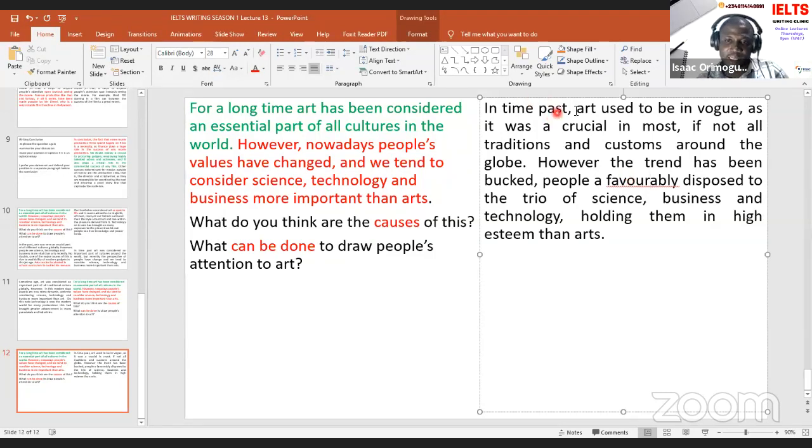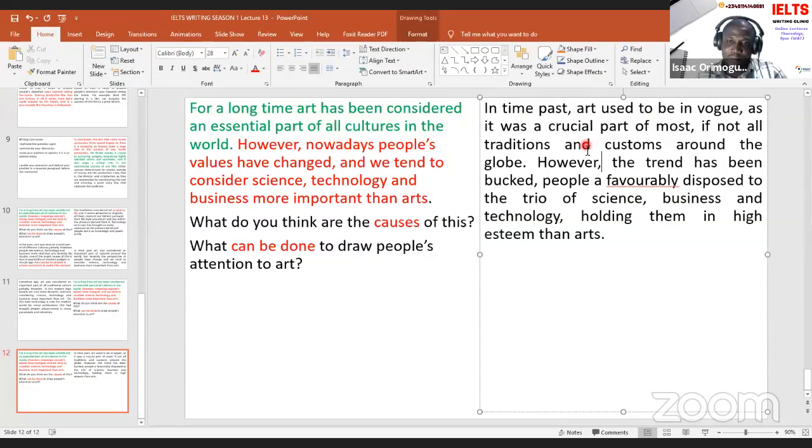Okay, you can see in time past, arts used to be in vogue as it was a crucial part of most, if not all, traditions and customs around the globe. However, the trend has been bucked.